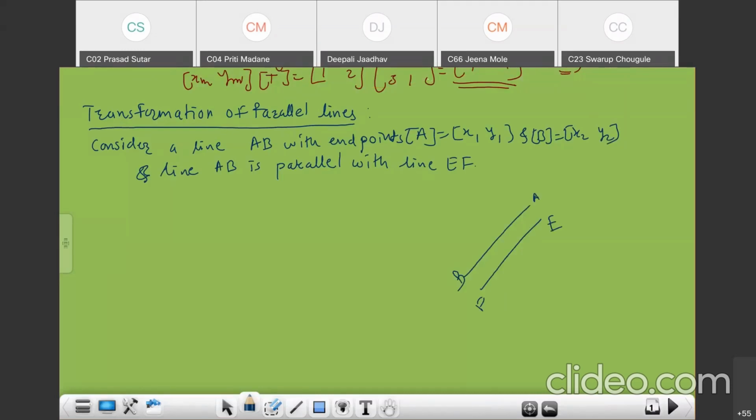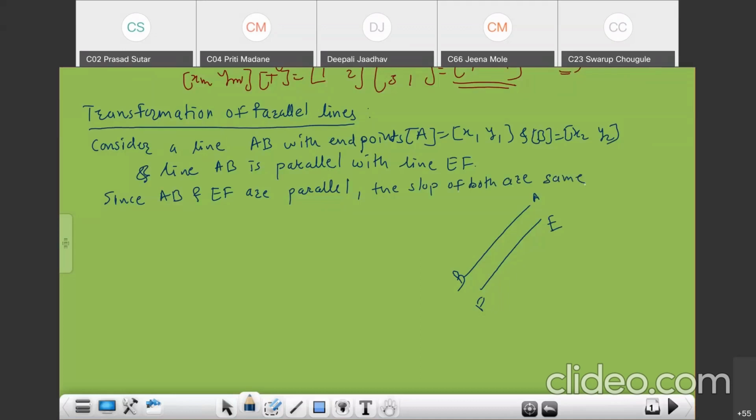So to show that these parallel lines are transformed into parallel lines, we need the slope. Since AB and EF are parallel, the slope of both is the same.